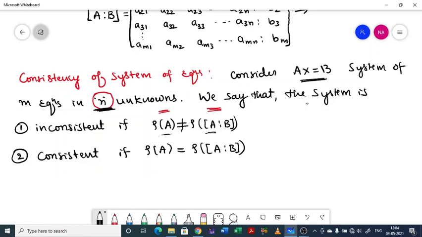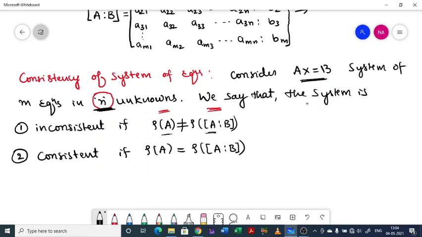It is consistent if rank of A equal to rank of A colon B. So given any system of equations, you need to find the rank of its coefficient matrix and the augmented matrix. If those two are not equal, then system is inconsistent. Don't worry about it. If those two are equal, then system is consistent. Then you have to check whether the system possesses a single solution or multiple solutions.